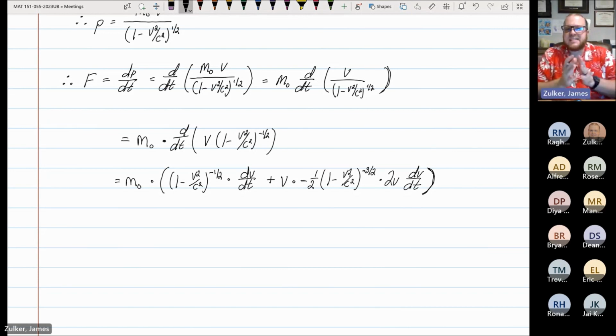Now remember, v is a function of time, so that's why the derivative of v is dv/dt.